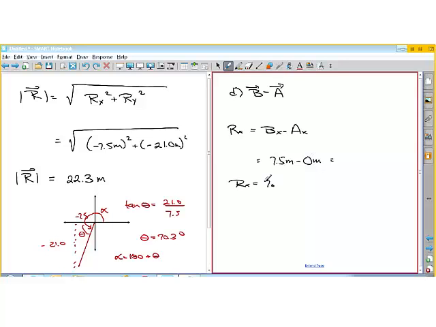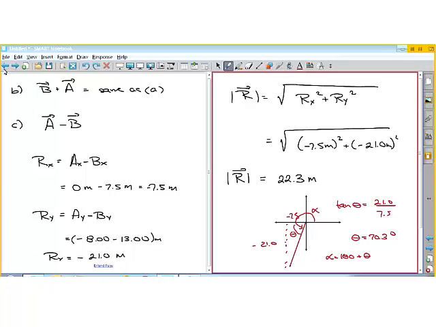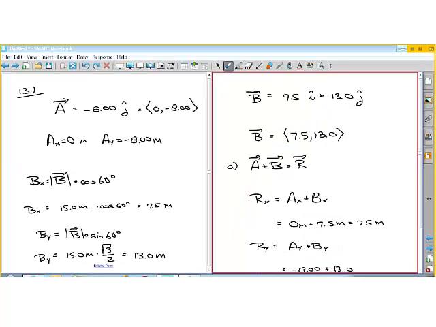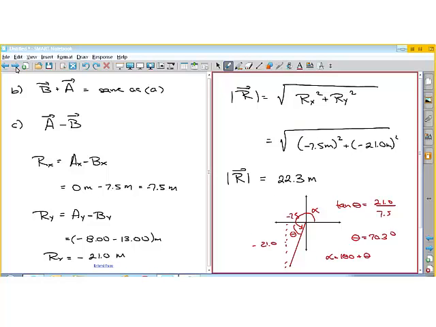So the x component of the resultant vector is 7.5 meters. And then the y component is going to be b sub y minus a sub y. b sub y was plus 13, and a sub y was negative 8.